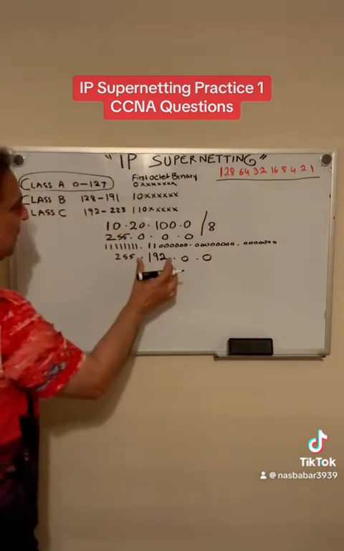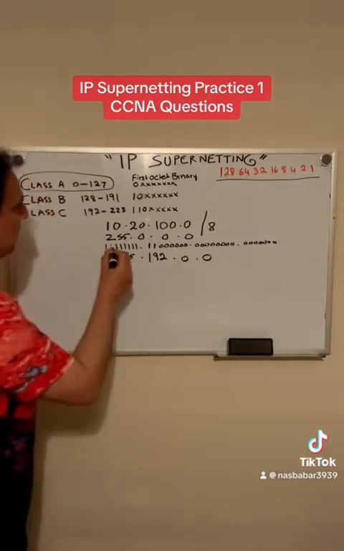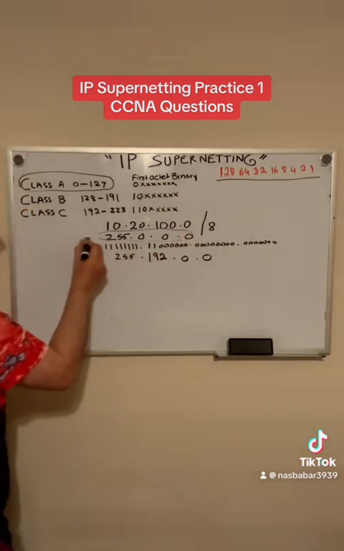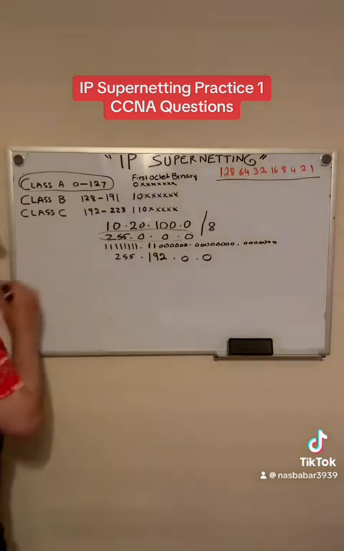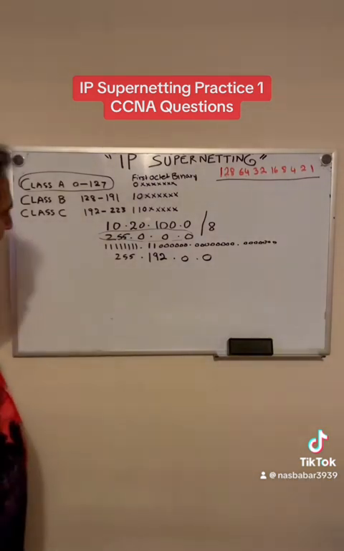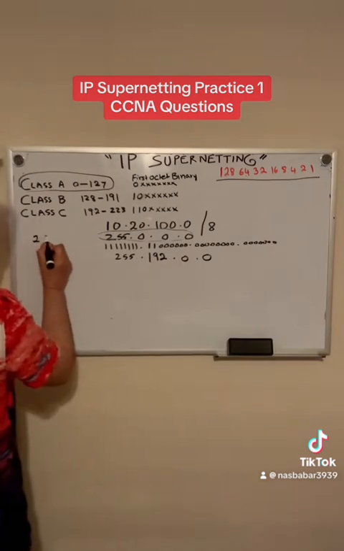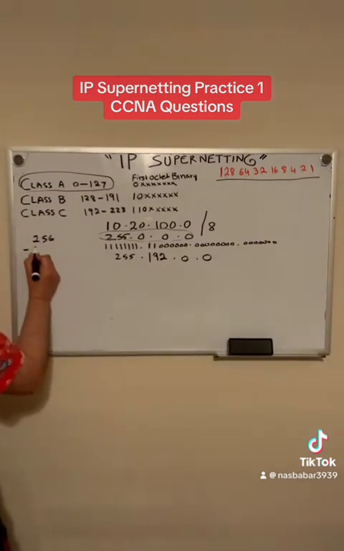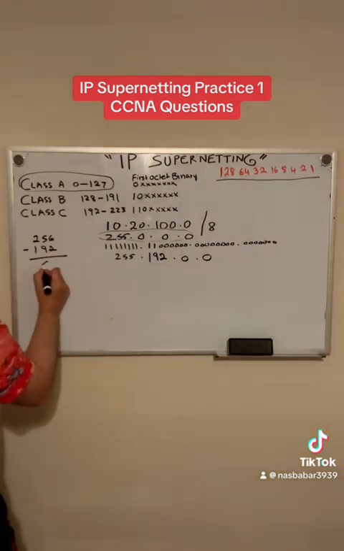So in classic class A, this was my mask right here. Now when I did IP supernetting, this is my new mask. Right off the bat, as I told you before, 256 minus 192 will give me 64.